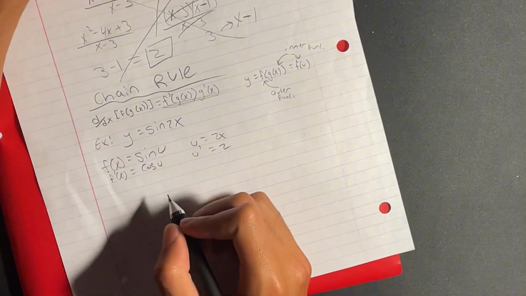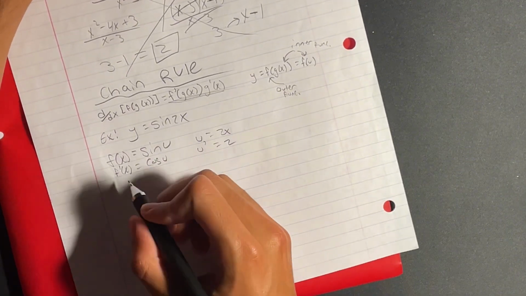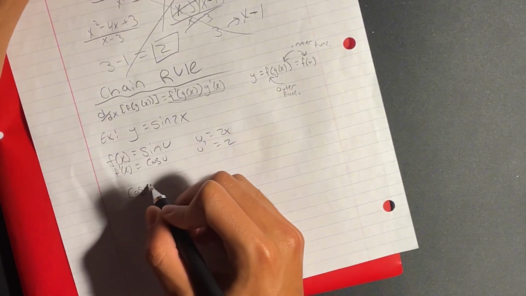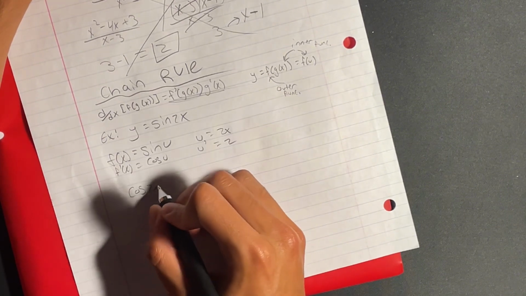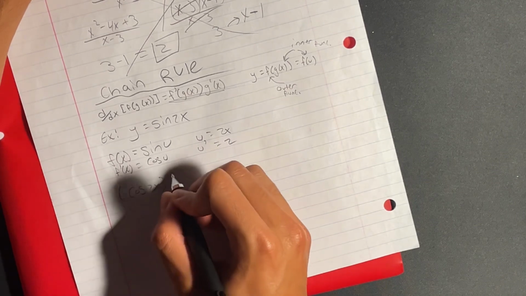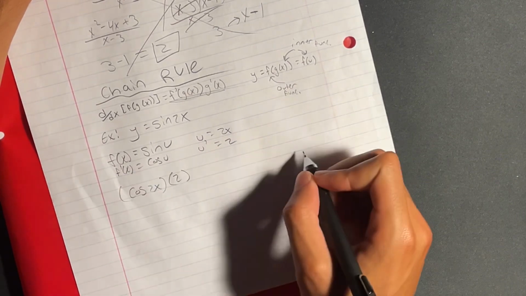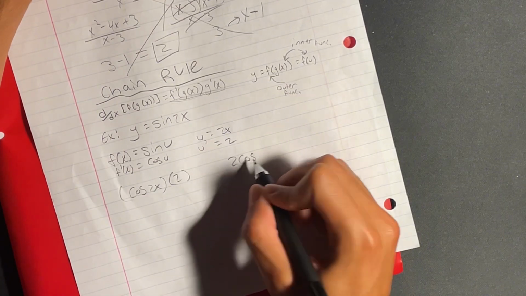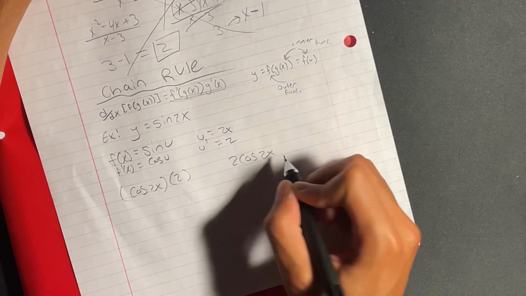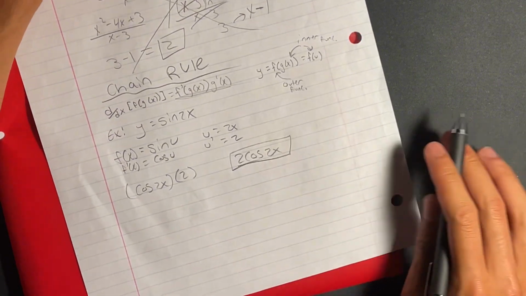Let's do cosine of u, which is 2x, times 2. That's as easy as 2 cosine 2x, and that's going to be our derivative using the chain rule.